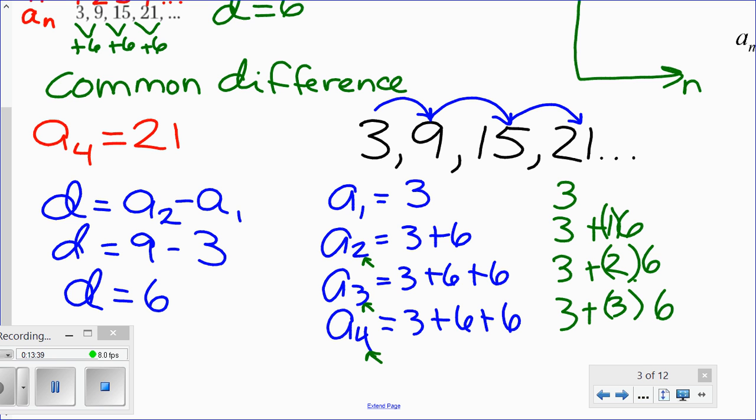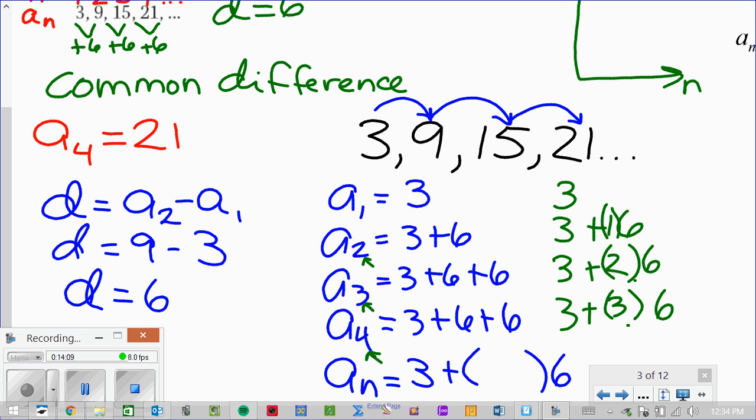This is 4, this is 3. Got the pattern. And I want you to answer this question with your group. If I were to write this, a sub n is equal to 3 plus, tell me what I would write in there. I want you to write that and fill in the parentheses. Talk it over with your group and fill in the number that would go there. All right.